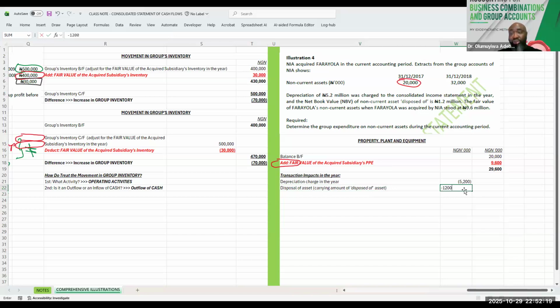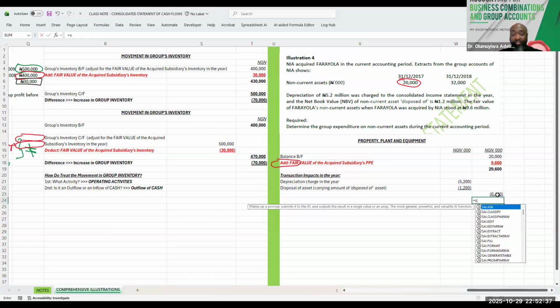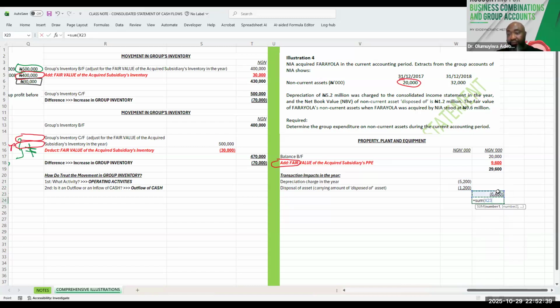Therefore, I take out the 1.2, which means the total deduction that will have reduced my carrying amount of assets is 6.4 million. Therefore, the sum is 23,200,000. That will have been my expected value as usual.